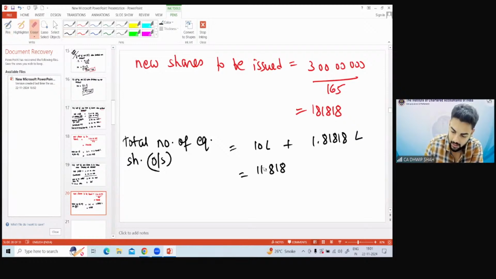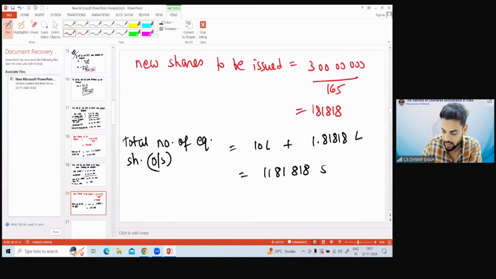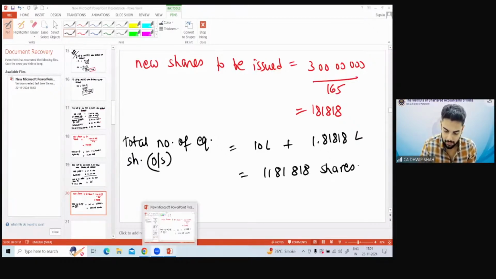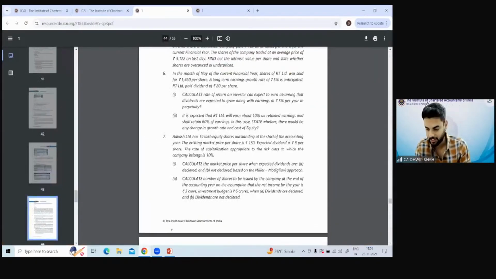Let's write in whole numbers: 11,81,818 shares. Everyone followed till here? Correct. So part 2, the second question of question number 7, Roman number 2, is also done.